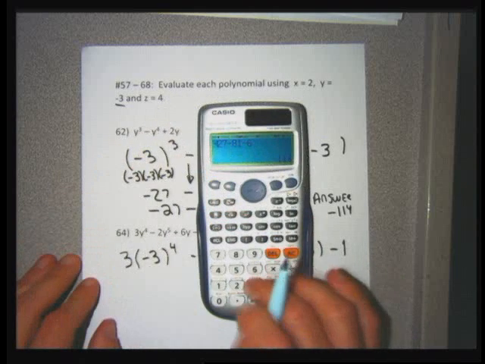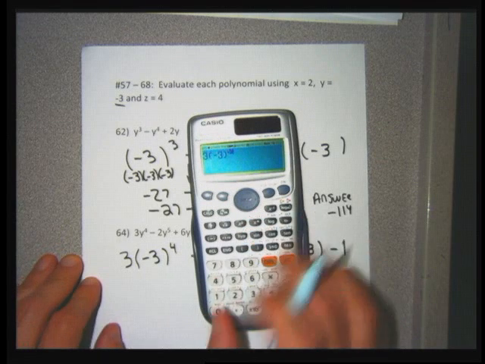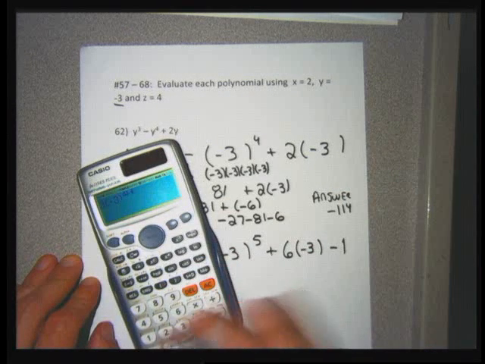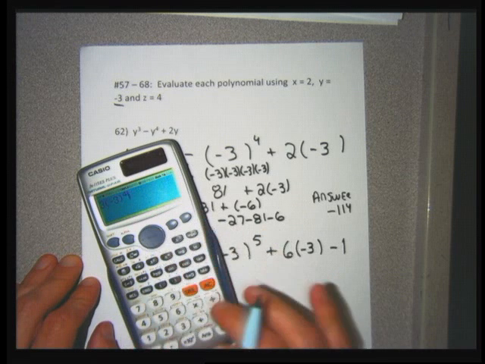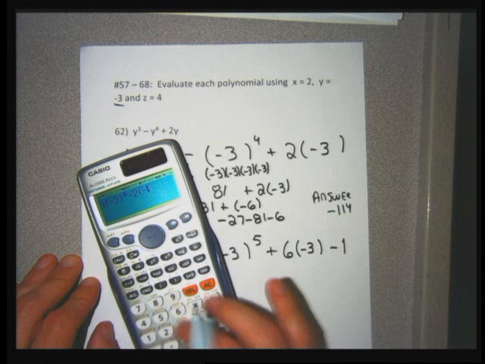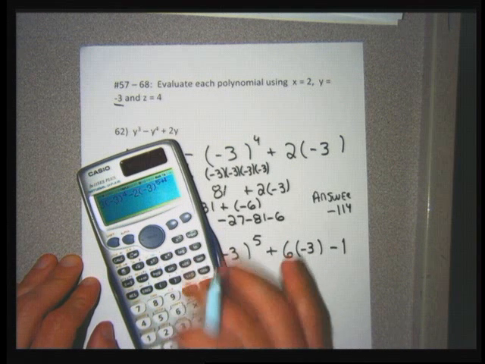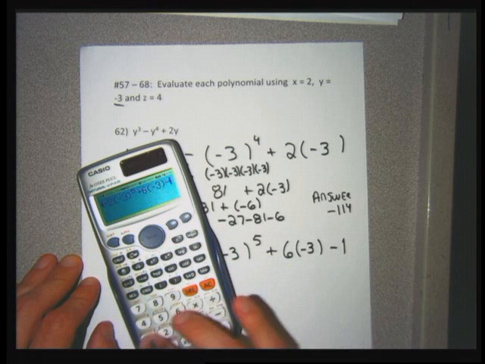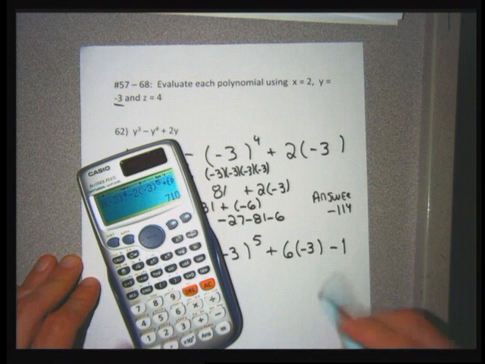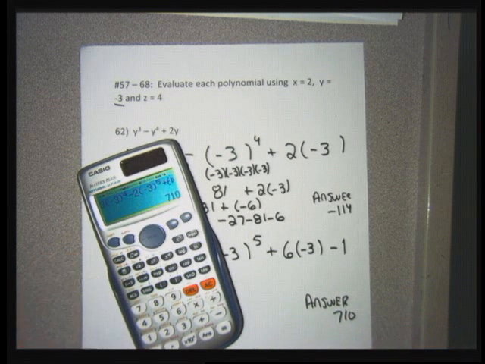So I'm going to go 3 parentheses minus 3 to the fourth, and then minus 2 parentheses minus 3 to the fifth, plus 6 parentheses negative 3 minus 1. And my answer to this is going to be 710.